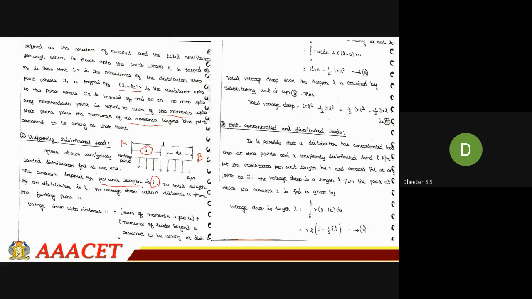So here the voltage drop up to distance U, that is from the feeding point to U, will be the sum of the moments up to U, that is up to this load, plus the moments of load beyond U assumed to be acting at the distribution side. So what they are saying is they are adding the voltage drop of this sum plus the voltage drop of the other part.